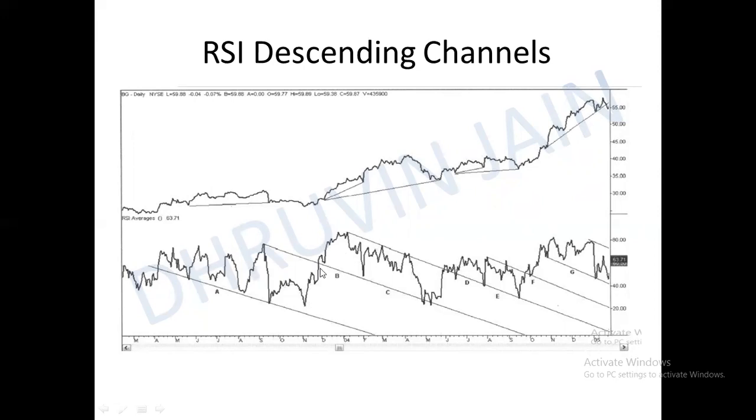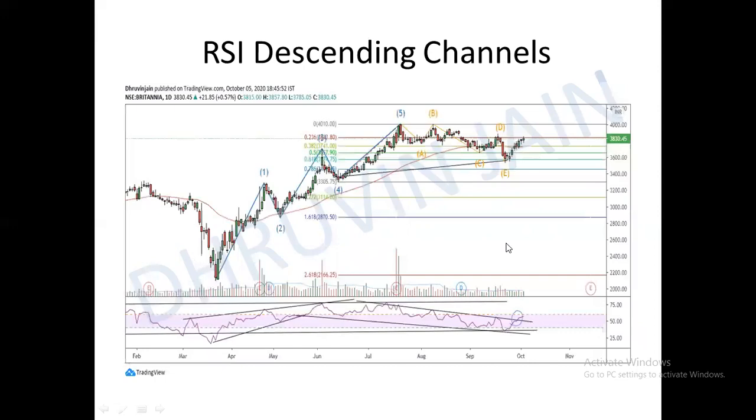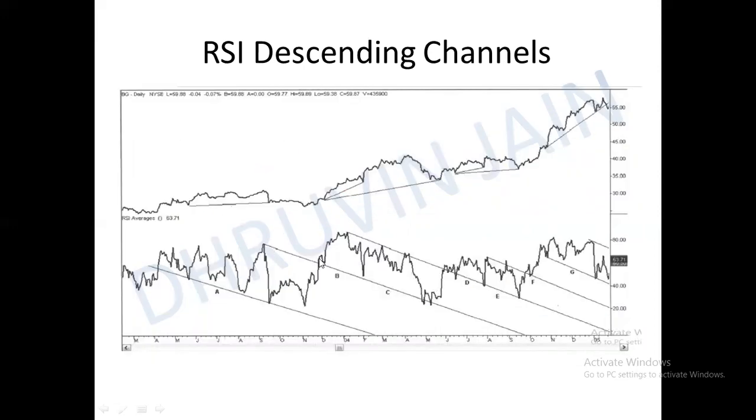Here also we can see that there is a range shift, because RSI broke the 60 level from this region and the range shift occurred. RSI then broke from this descending channel region, continuing its upward momentum. See how the RSI is continuing its upward momentum.